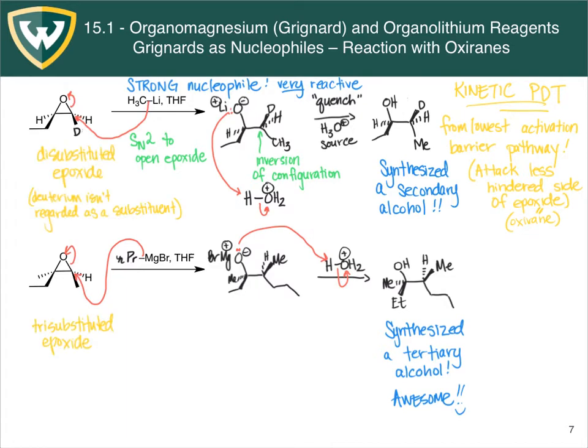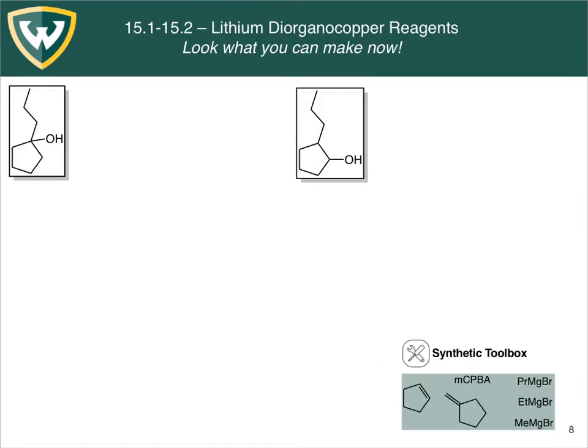Okay, so with that in mind, we can now move forward and see how we can apply these new reactions in synthetic design. So here we have 2 target molecules, and we're going to first start by just defining for ourselves what we're actually trying to make.